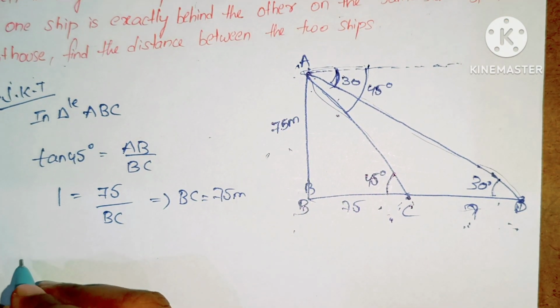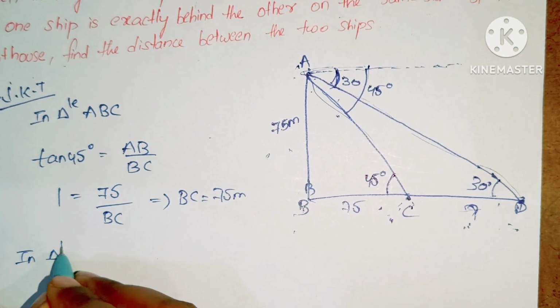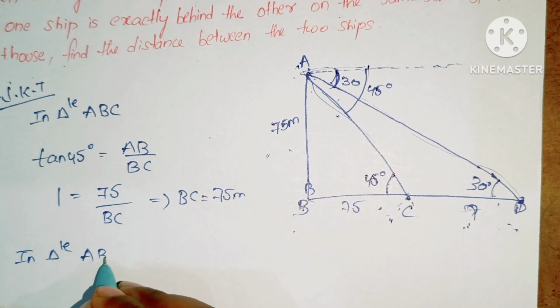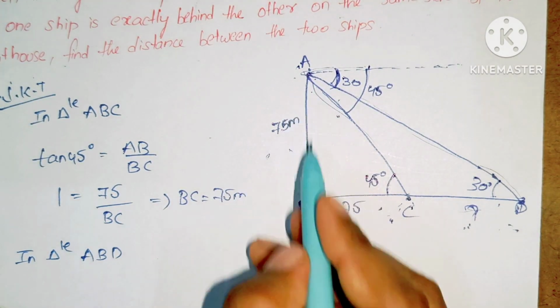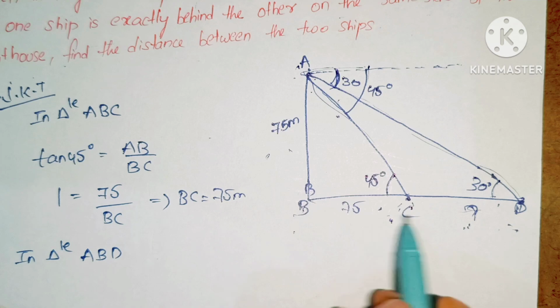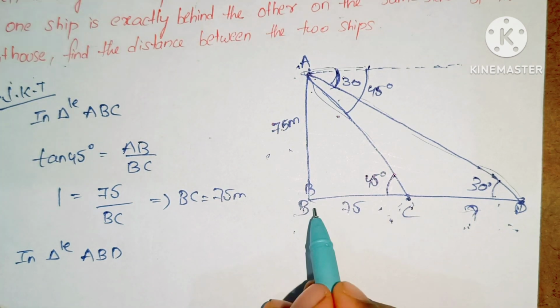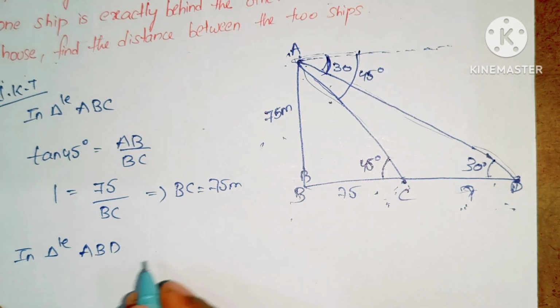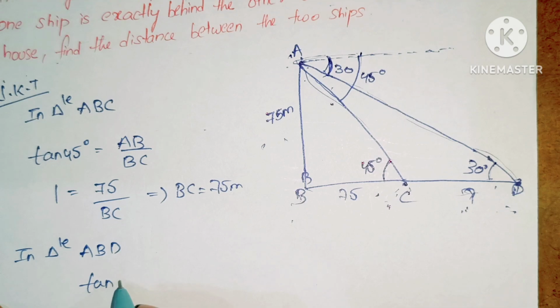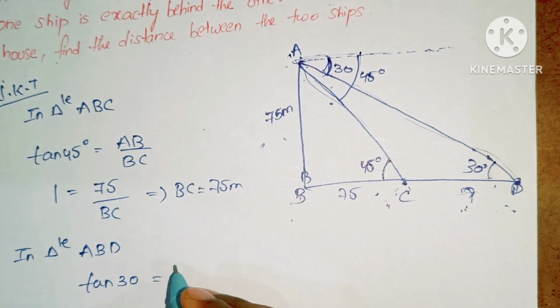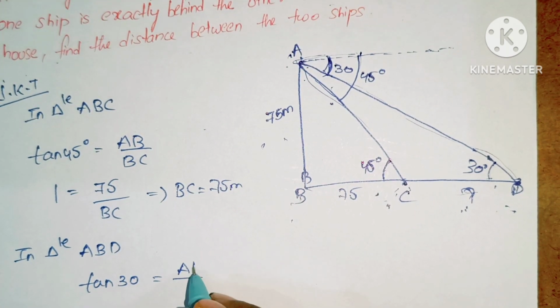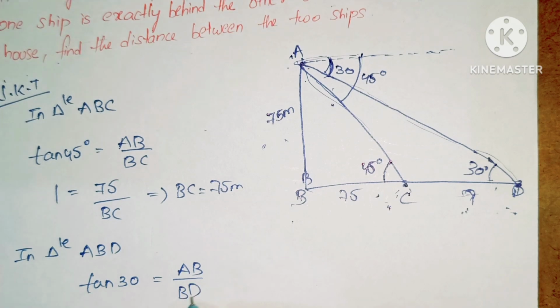In triangle ABD, you know side AB and you know the angle. You want BD. That means tan 30 equals AB by BD.